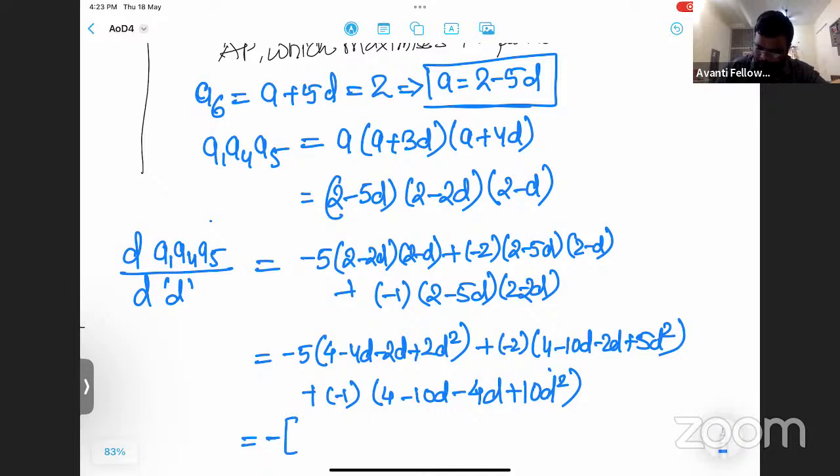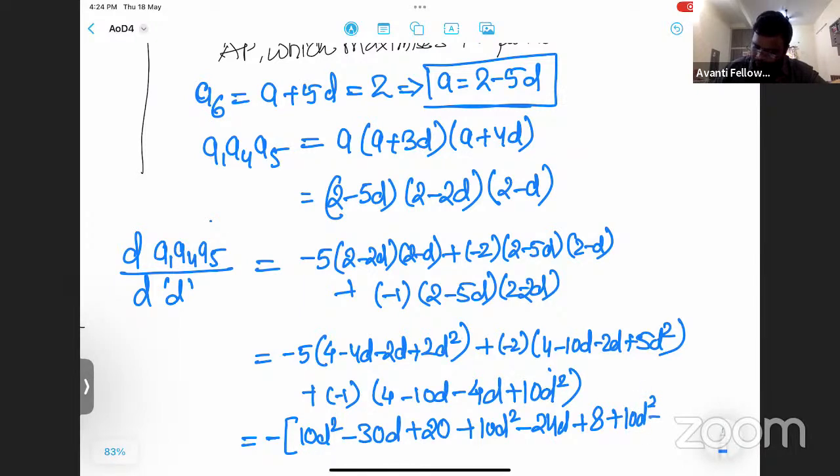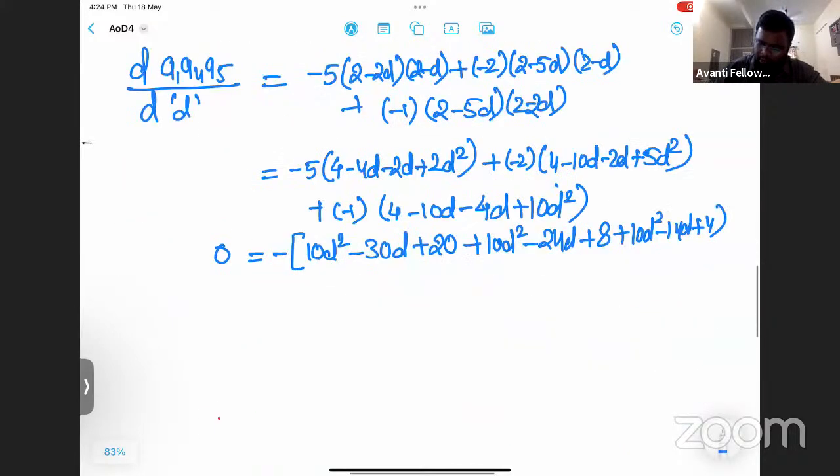This is 10D square minus 30D plus 20, plus 10D square minus 24D plus 8, plus 10D square minus 14D plus 4, equated to 0. 10D square, 20D square, 30D square, minus 68D, plus 32, is equal to 0.